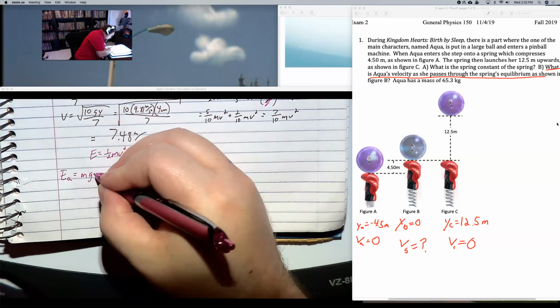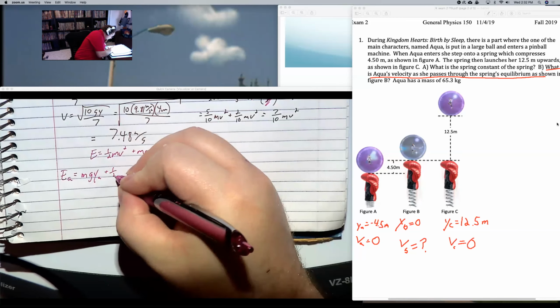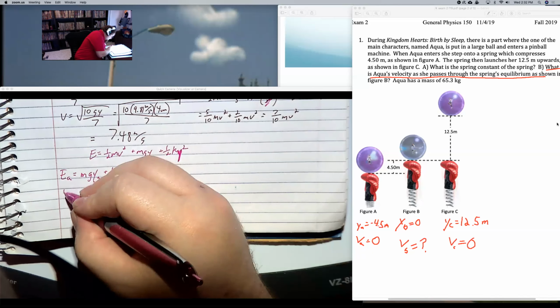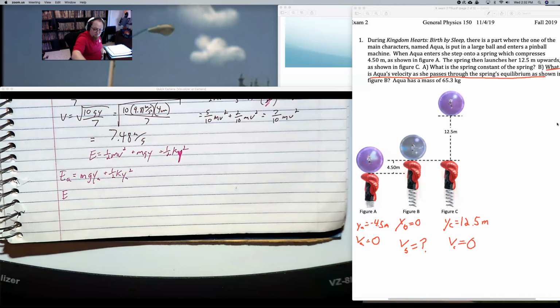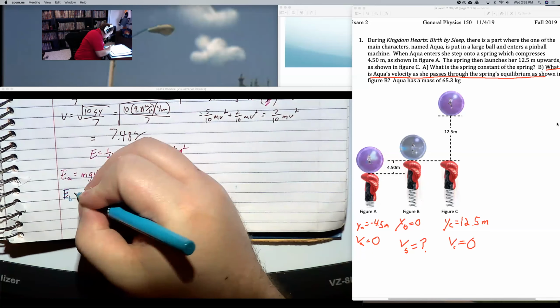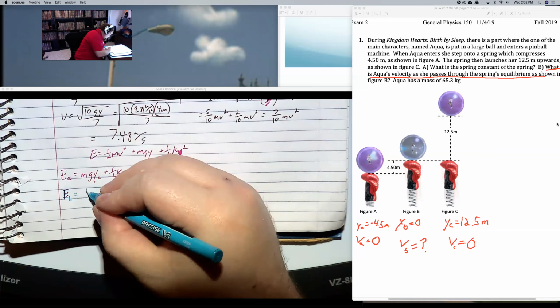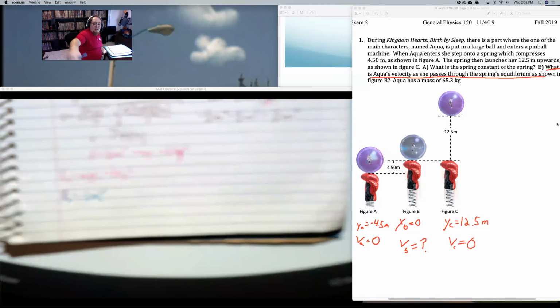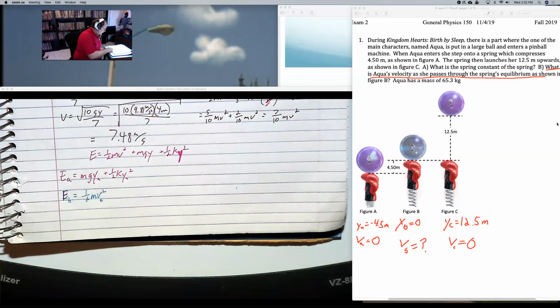So it's mgya plus 1/2 kya squared. My energy, let's color code this. My energy at B, I have velocity here, 1/2 mvb squared, but look at y at B. y at B is 0. And if y at B is 0, both these terms go away.